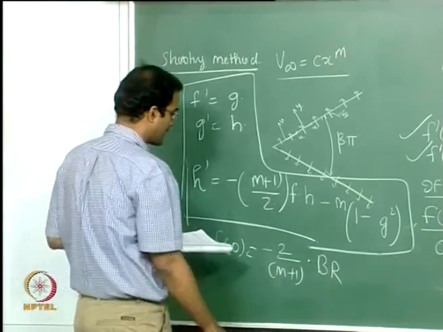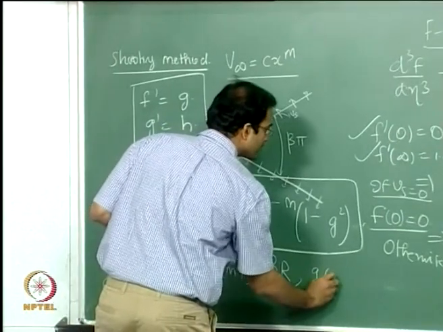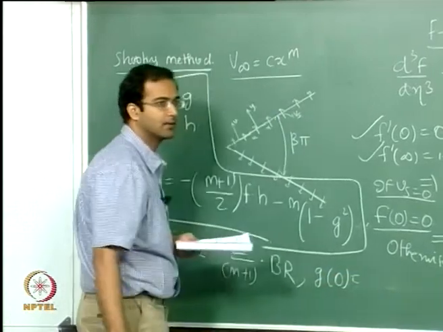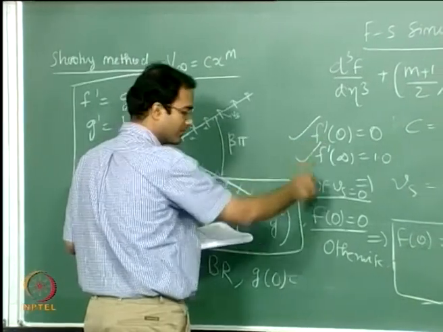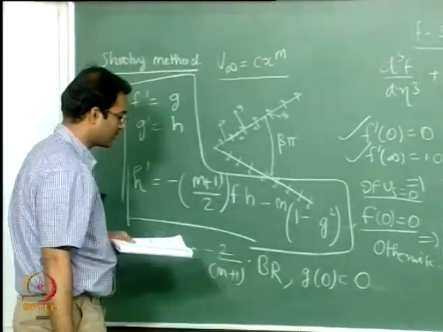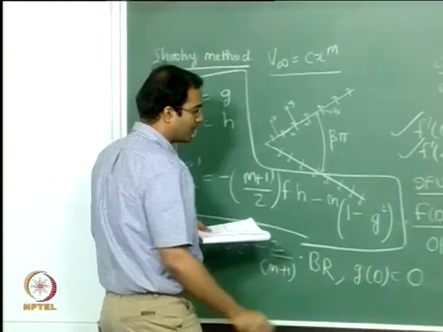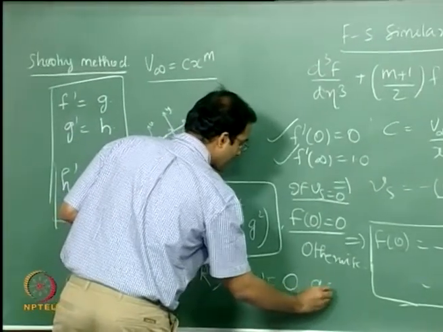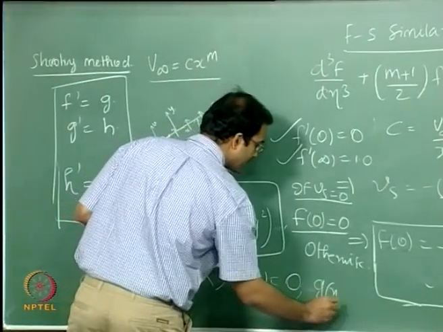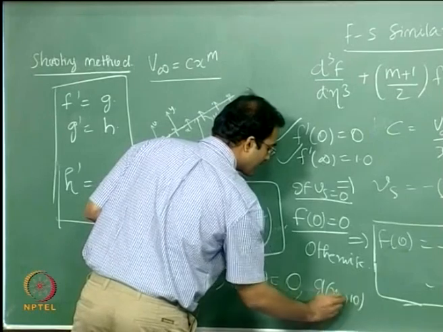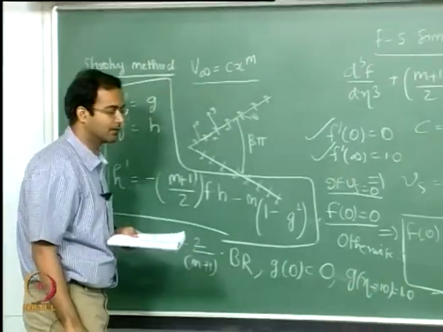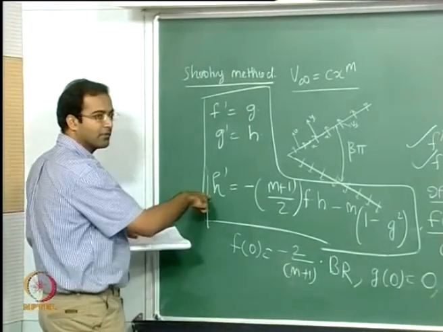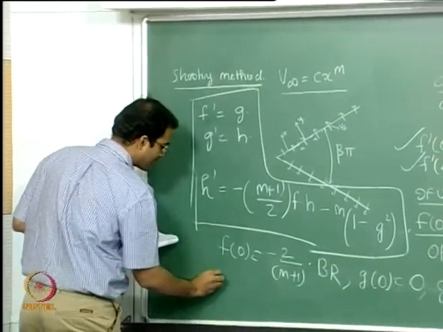What is the other boundary condition? g of 0 will be 0 because g of 0 is f prime. The other boundary condition is g at a large value of eta, say eta equal to 10 for example, equal to 1.